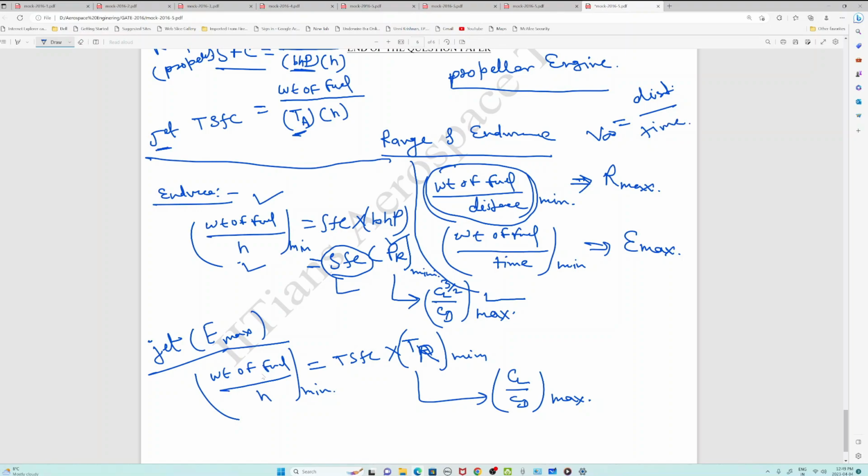Put distance by velocity at the place of the time. So this factor will be weight of the fuel divided by distance, and V infinity will go up and it will go down here. And this power required by V infinity will be the thrust required. It is clear. So by that way you can carry on ahead.